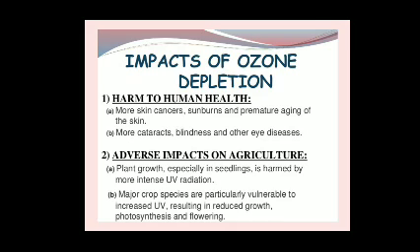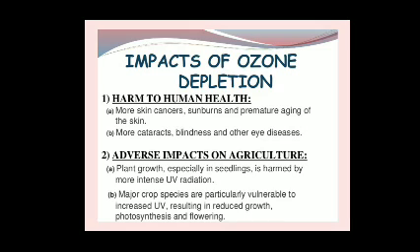It decreases photosynthesis in plants and damages vegetation. It increases the spread of diseases of bacteria and viruses due to a weakened immune system. It increases the atmospheric temperature. These are the effects of ozone layer depletion.